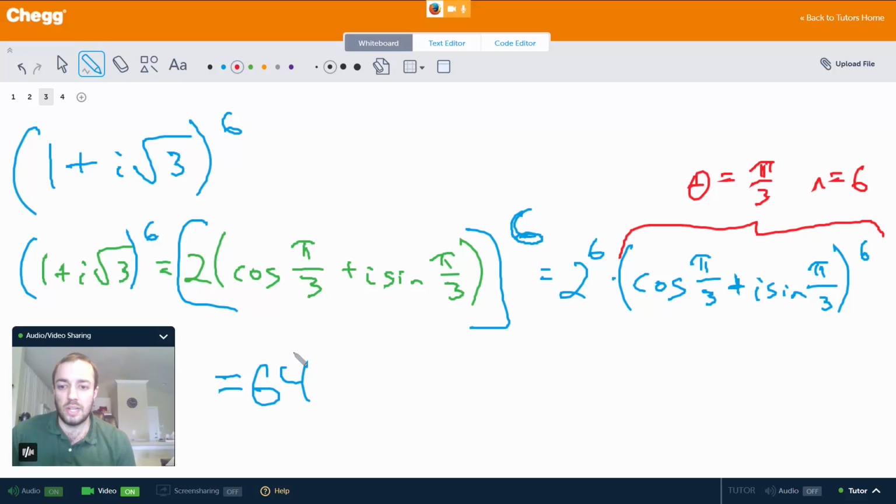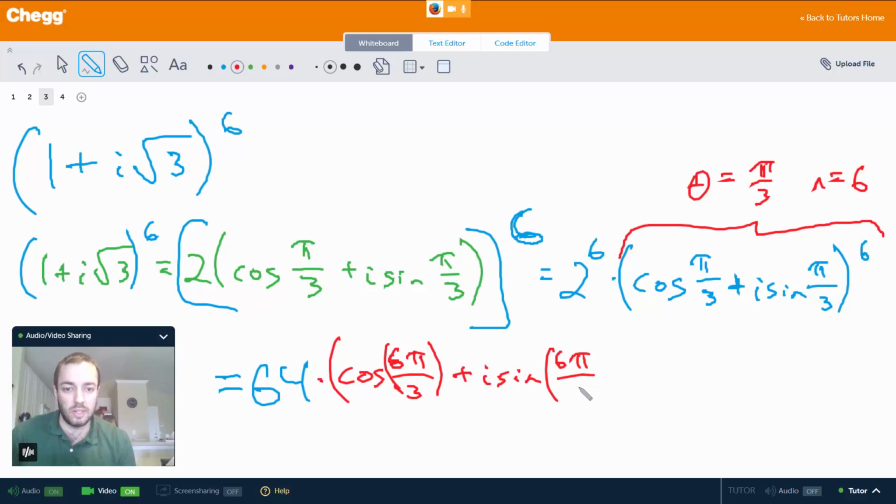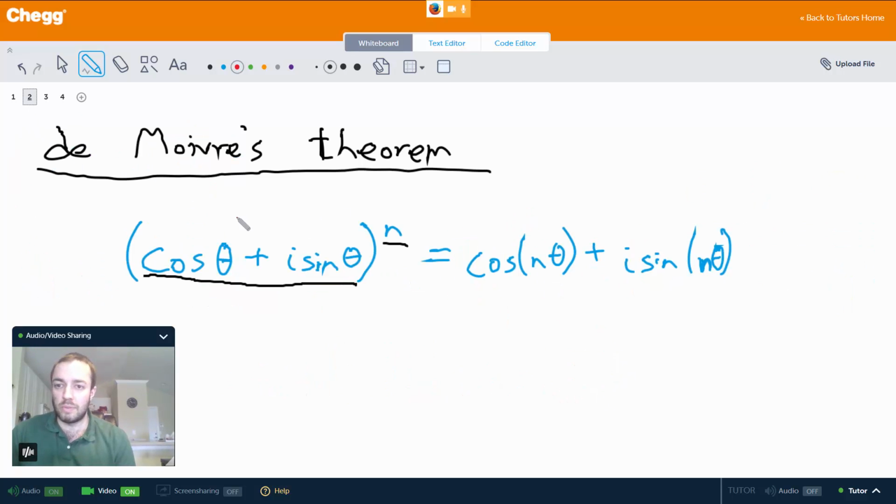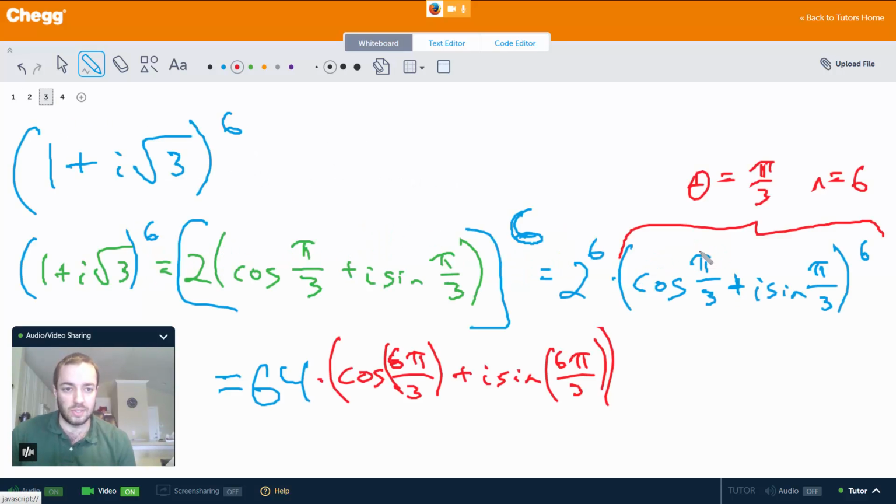So DeMoivre's theorem tells us that that thing right there equals cosine of n theta, which is 6 times pi over 3, and then plus i times the sine of n theta, which again is just 6 times pi over 3. So again, all we did was use DeMoivre's theorem here with theta as pi over 3 and n is 6, because this is exactly the form that we need it to be in.